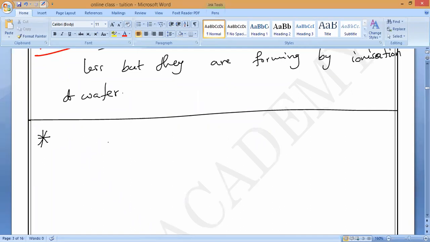So from this observation, in 1909, all of you should remember, Sorensen. What's his name? The scientist's name? Sorensen. Please remember that. Sorensen devised a scale for measuring acid and base.